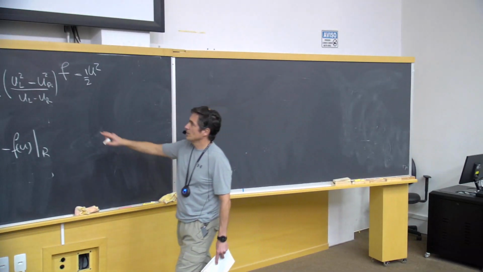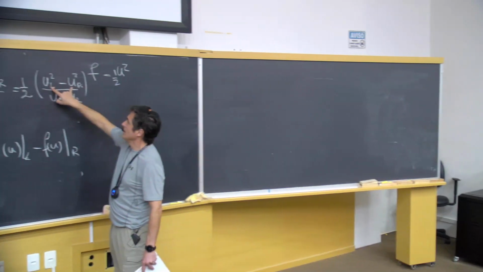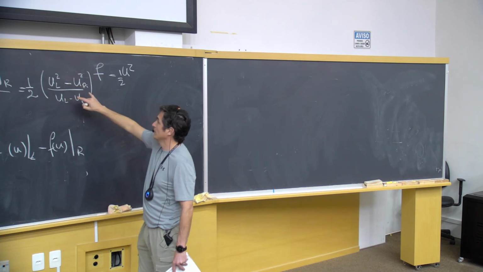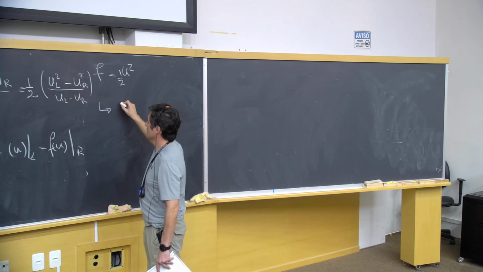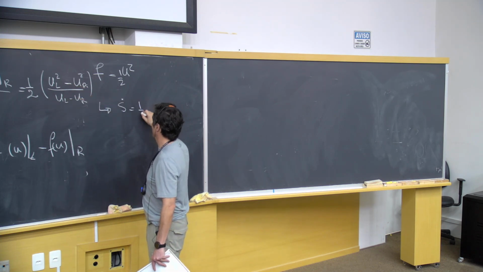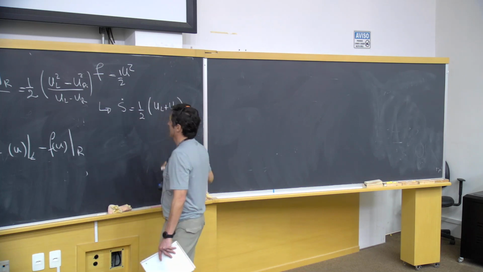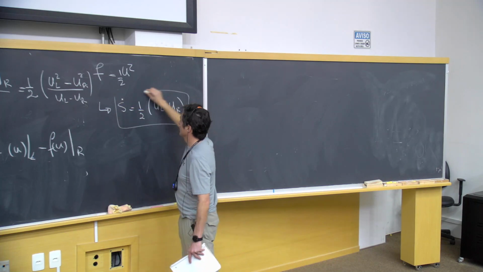And now we can just use the identity and write this in terms of the product of the sum times the difference. So this will give us, for s dot, simply 1/2 (u left plus u right). So this is for the Burgers equation.